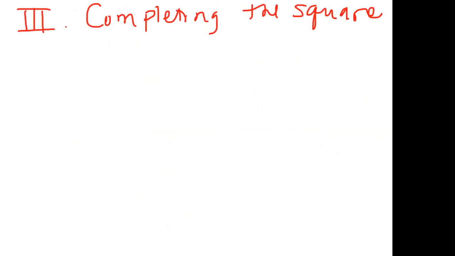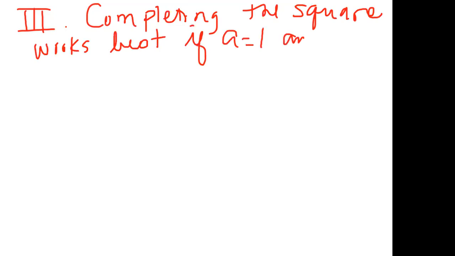Now, for completing the square, I like to tell my students this. It works for all quadratics, but it works best, and what I mean by that, it's an easy method to use if you have this type of equation: if A is equal to 1 and B is even.